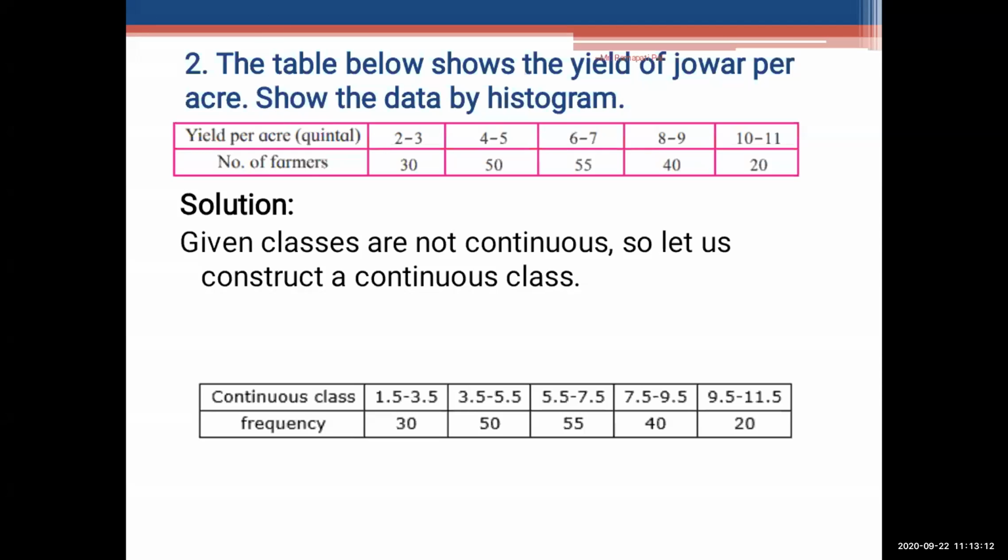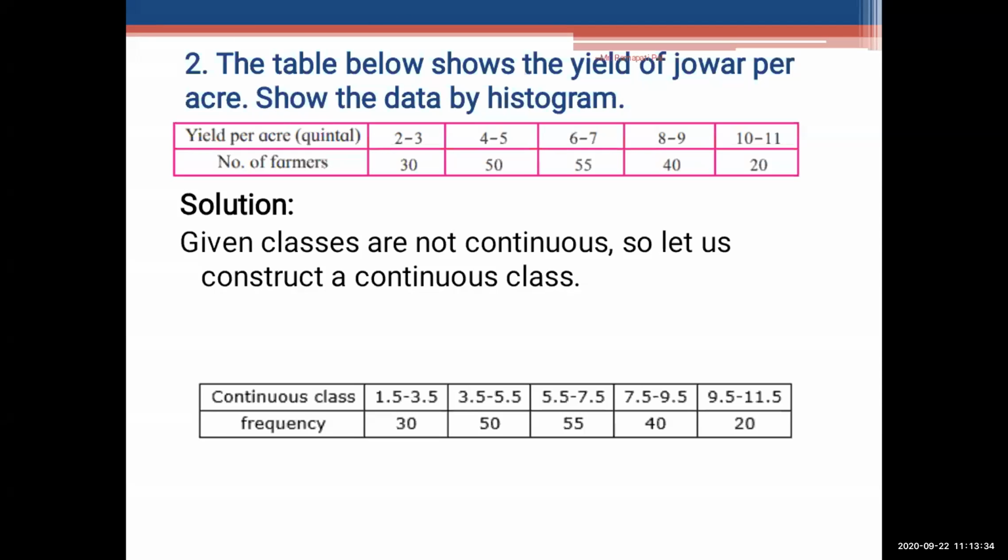So from the lower class limit, we will subtract 0.5 and we will add 0.5 to the upper class limit.